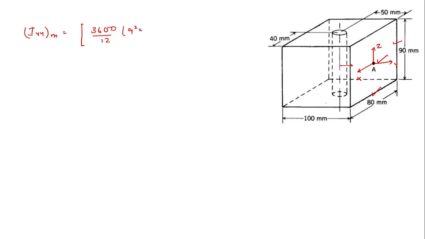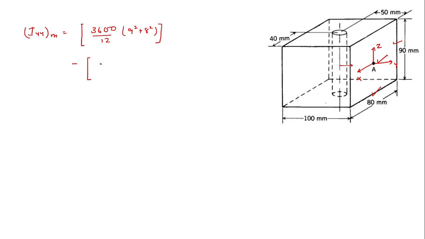So 9 square plus 8 square. I don't need to use the parallel axis theorem here, since this axis is the same axis, that is the y-axis. Now minus. Due to the cylinder here, it is also the same axis that passes here. So as such, there is no need for using the parallel axis theorem.